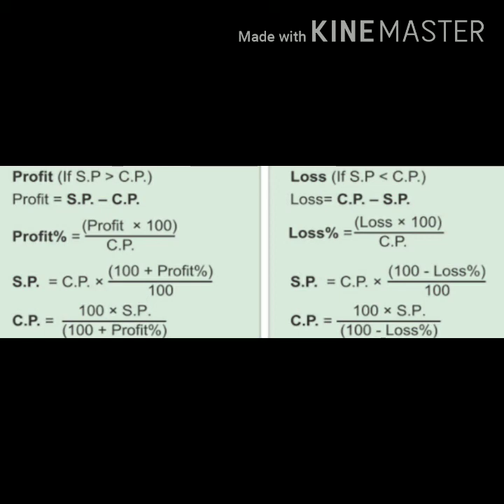But when we have to calculate the cost price, the formula is 100 into selling price upon (100 plus profit percentage). But if it is a case for loss, loss is equal to cost price minus selling price and loss percent is equal to loss multiplied by 100 upon cost price.